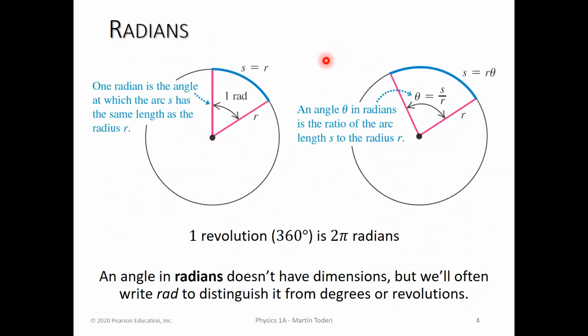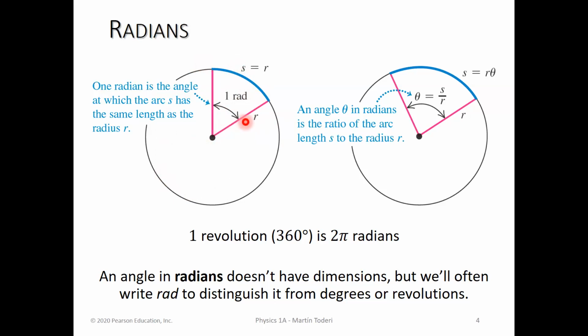So just a quick refresher about radians here. We talked about radians before. We know that one revolution, one turn, is 360 degrees, and that's 2 pi radians, and that's related to the length of the perimeter of the circle with the radius.